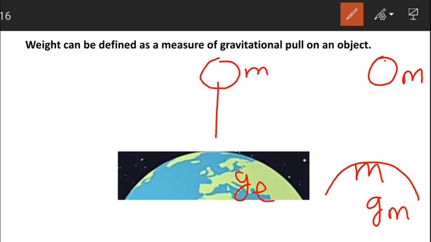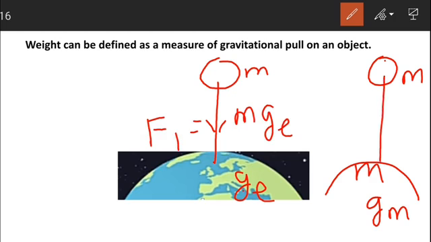Let us say the gravitational pull due to Earth is F1, and this F1 is equal to mass into the acceleration due to gravity GE. In the same way, the gravitational pull acting on the same object due to the Moon surface is F2, and this F2 is equal to mass into acceleration due to gravity GM.